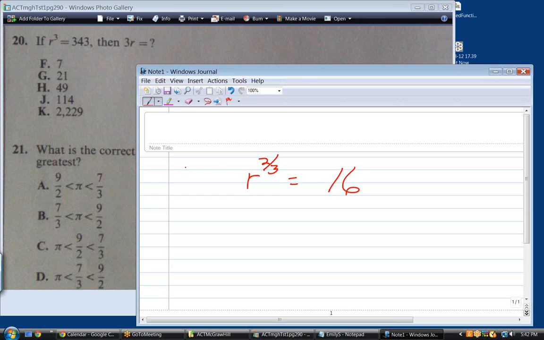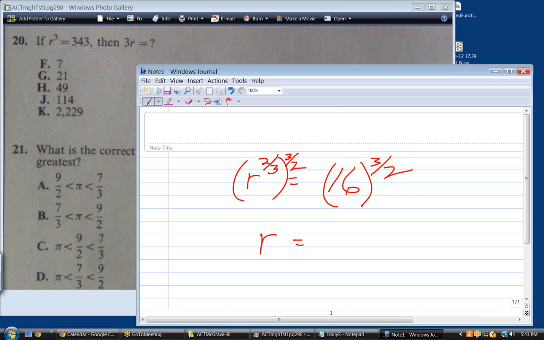But with our new method, this becomes easier. What do I have to exponentiate that to? 3 2's. In other words, as long as I exponentiate it to the reciprocal, it's going to turn into r.